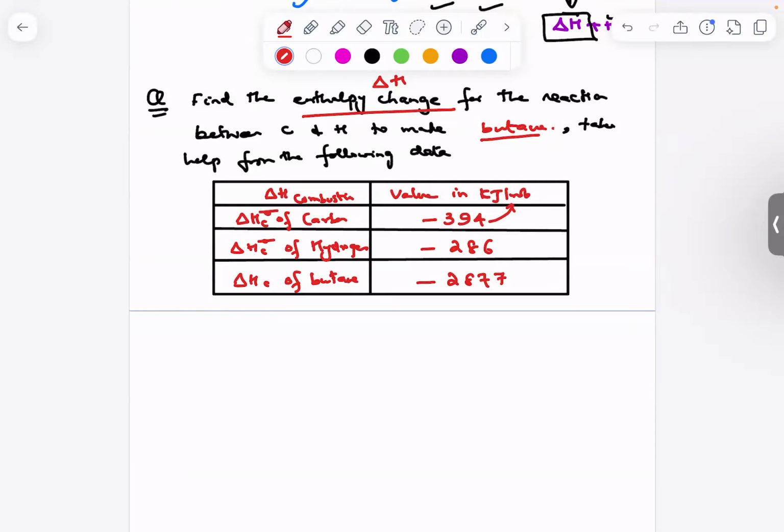You have to make the equation on your own. Yeah. Zena, can you take a screenshot of the question so that I can incorporate some other questions from your notebook?